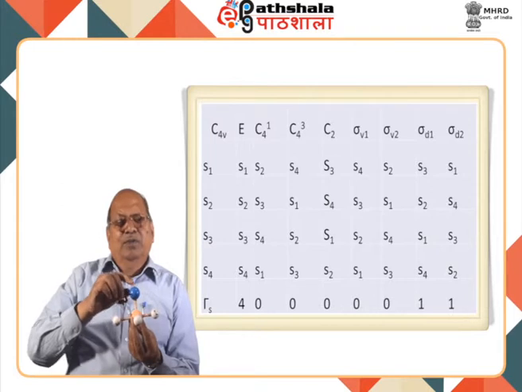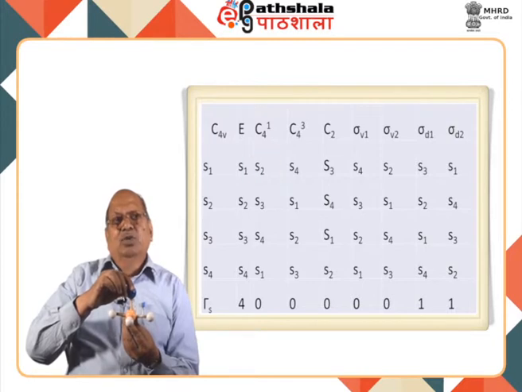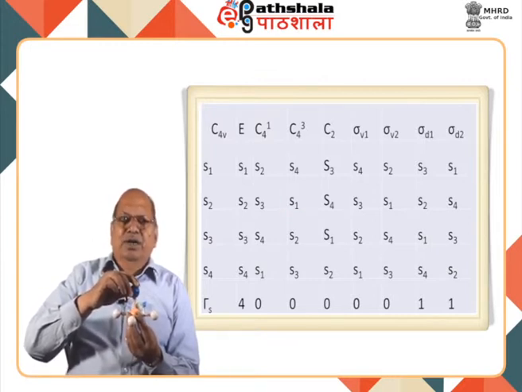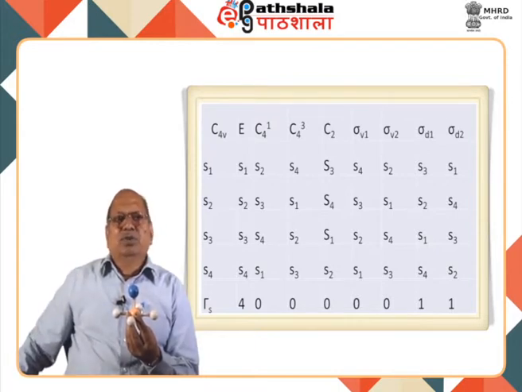Now, what do I do? If I give C4 rotation, C41, S1 goes to S2, S2 goes to S3, like this it is changed. Similarly, if we take C43, S1 goes to S4 and S2 goes to S1, like this all these symmetry operations are carried out, and we have seen how the S1 goes to other functions.